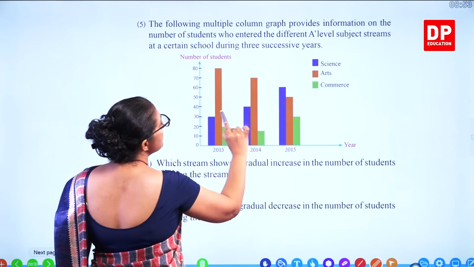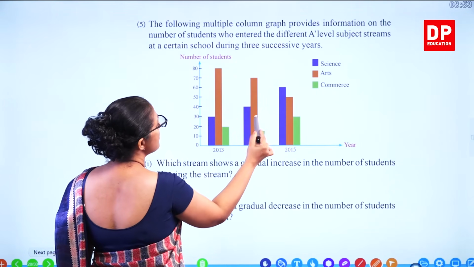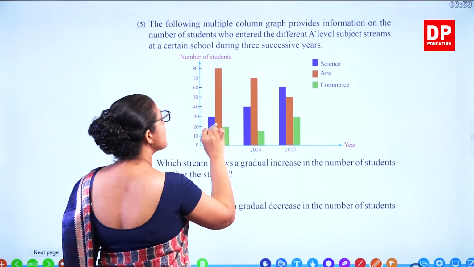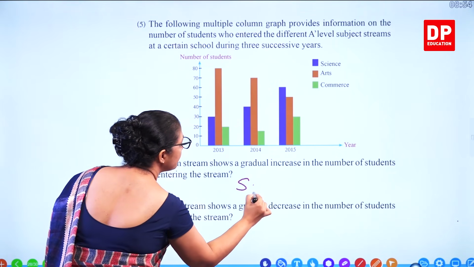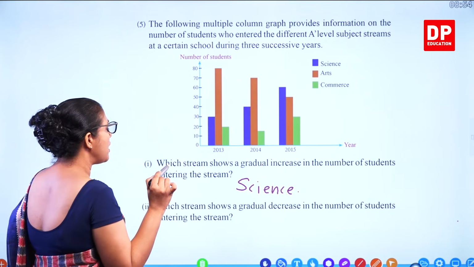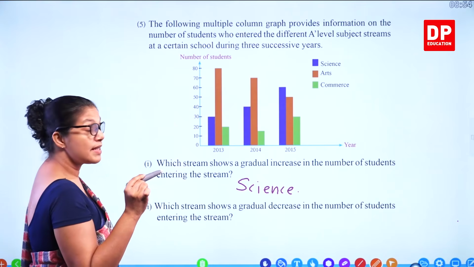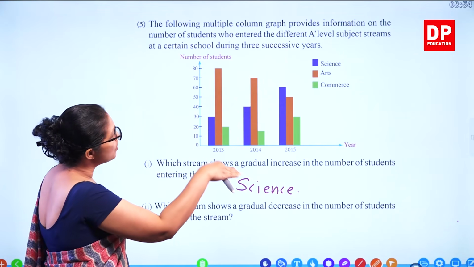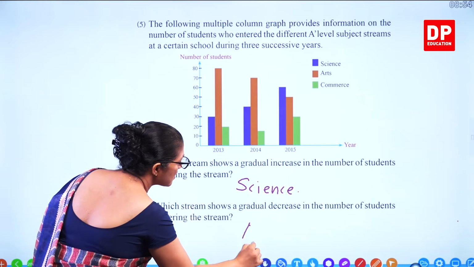Science, we can see it's increased, but the arts section decreased and the commerce section decreased and increased. So that's science. Which stream shows a gradual decrease in the number of students entering the stream? So gradually decrease. This yellow color one, that's arts.